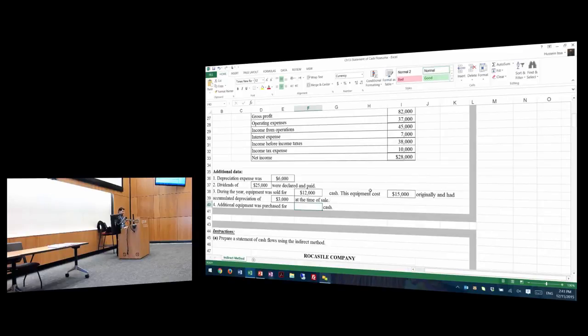For one, you have always the beginning balance. So how do you calculate how much the company purchased over a year? You look first at what the company originally had as equipment, right?